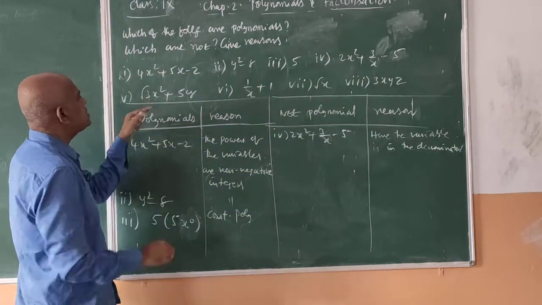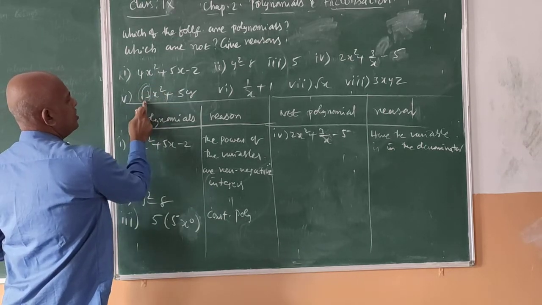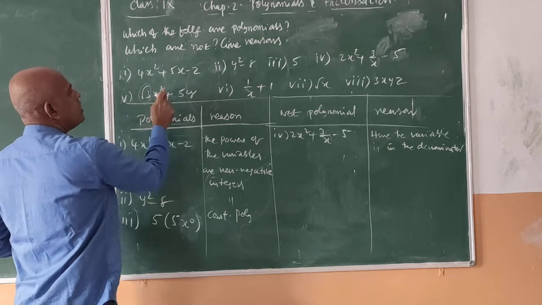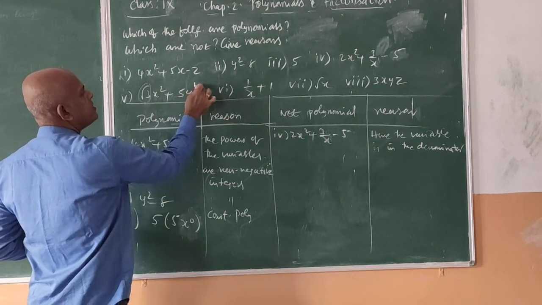Fifth one, root 3x square plus 5y. You should not check the root 3 here. It is a real number. It is a coefficient, not the variable power. So here the variable power is a positive integer. Y to the power of 1, its variable power is a positive integer.